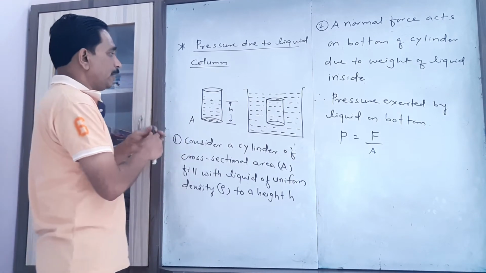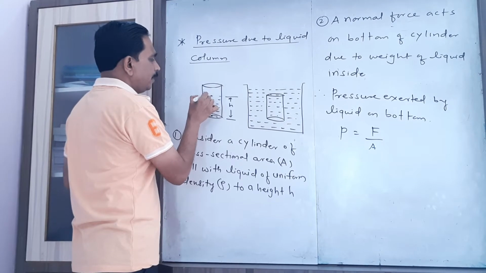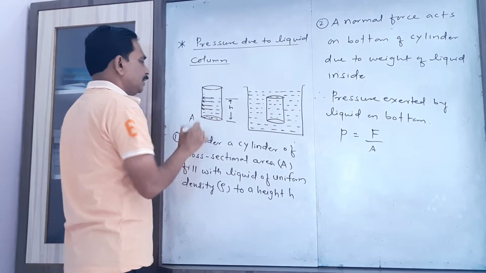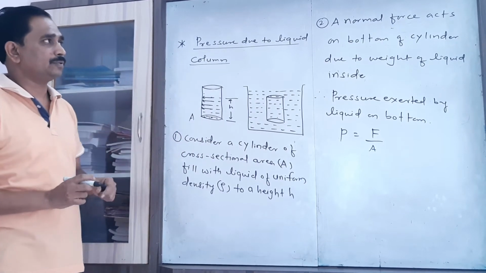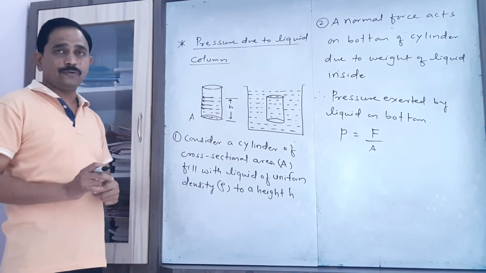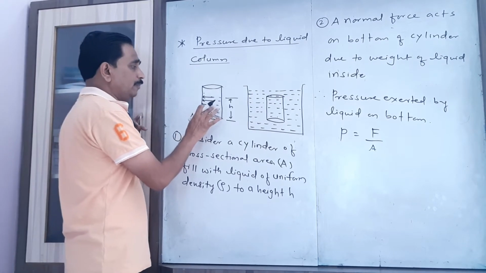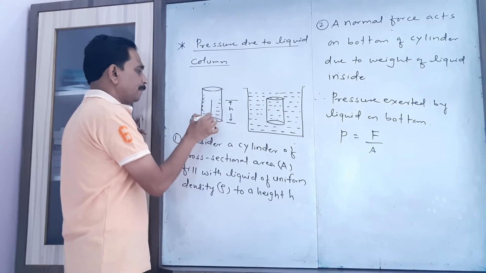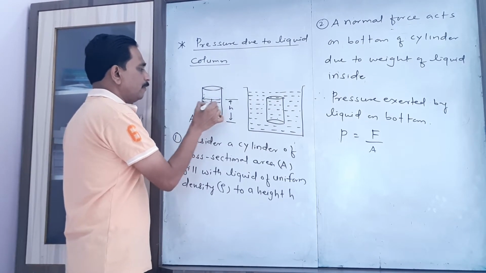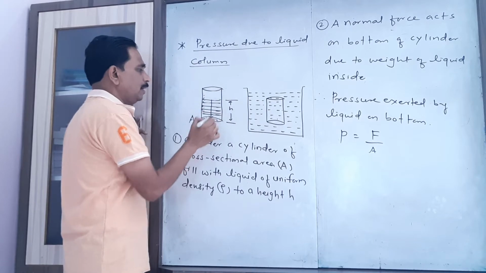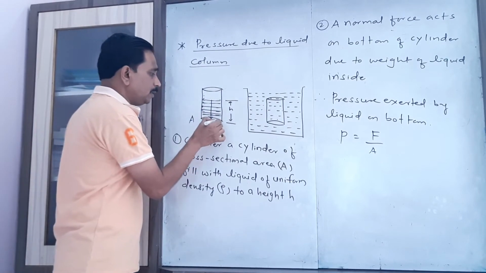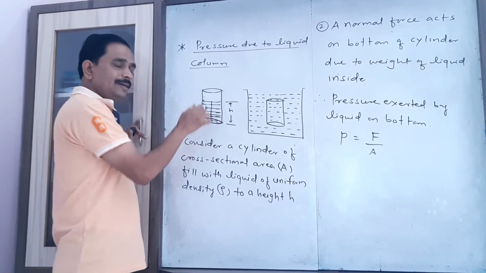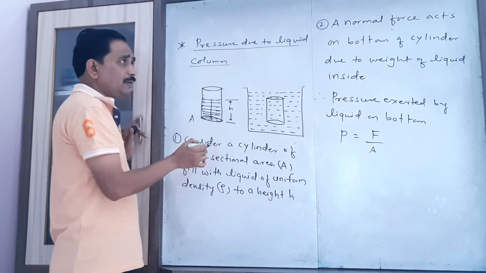Now here we already discussed that the liquid in contact with a surface exerts a normal force. Consider the force acting at the bottom of the vessel. We have to consider the force exerted by the liquid inside the cylindrical vessel on the bottom.